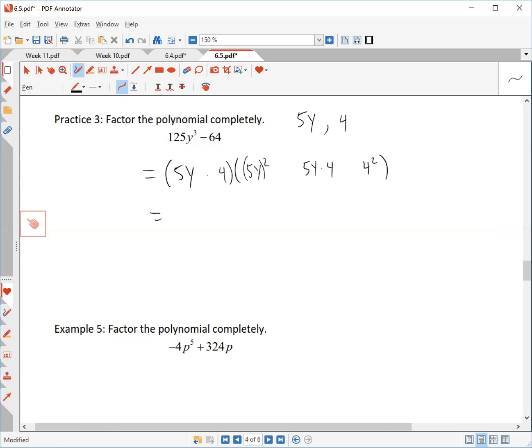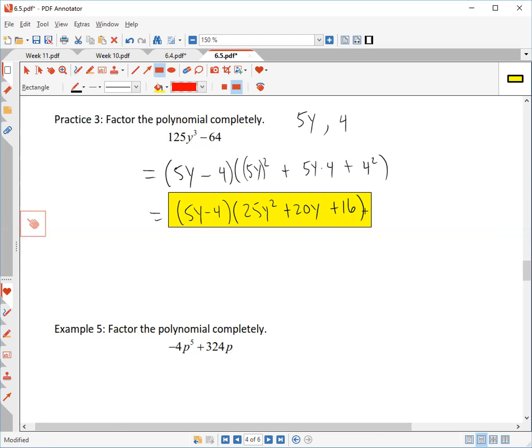SOAP: same sign, opposite sign, always positive. So that gives us 25y squared plus 20y plus 16. All right, so those are our cubes.